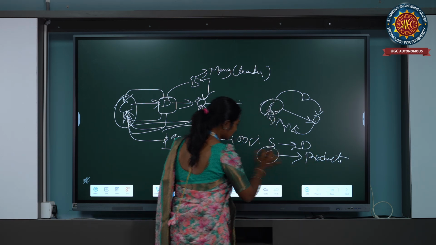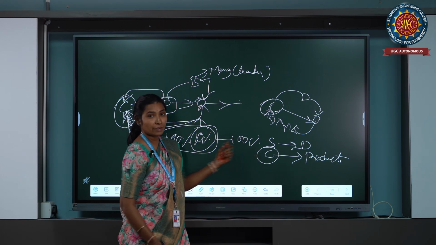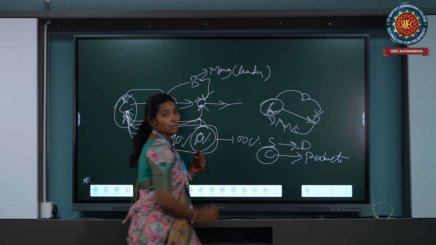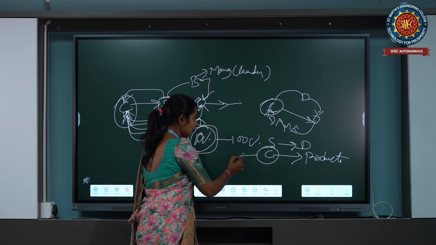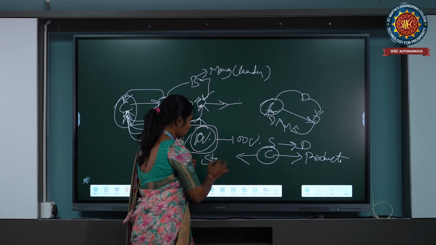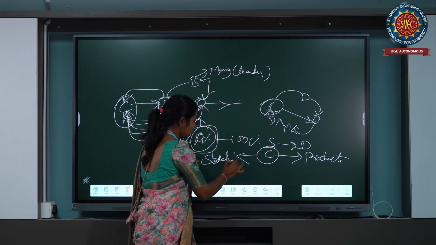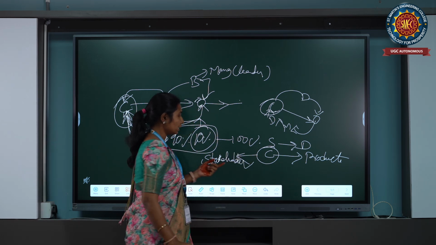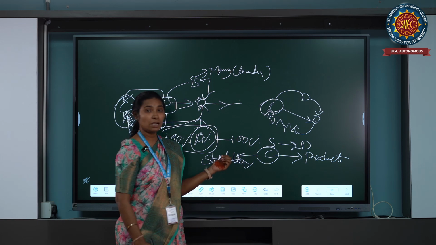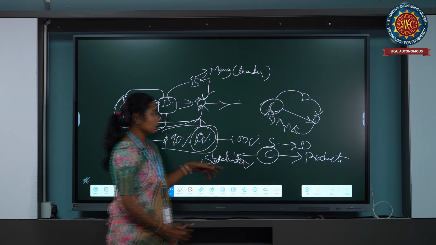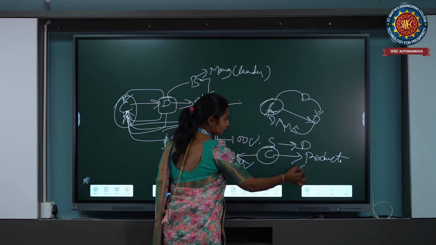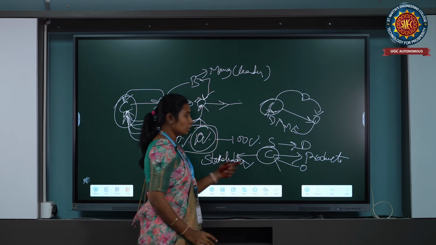Here the customer is not the final member. The customer takes the product from the stockholder. The stockholder only introduces this product to the market, so that is an important thing. What the organization thinks, the customer is final to us.